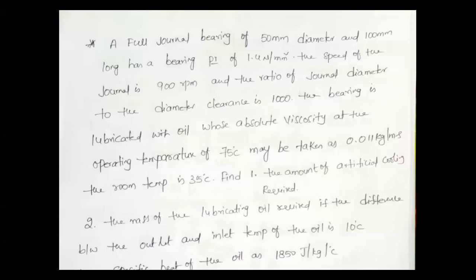If we observe your previous problem, there you had only the bearing pressure, and there was no L value and no D value. That is the reason why, for design purposes based on the application, we refer to the data book.